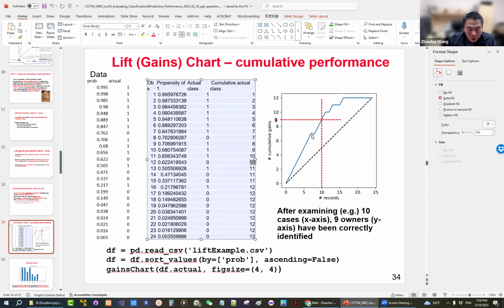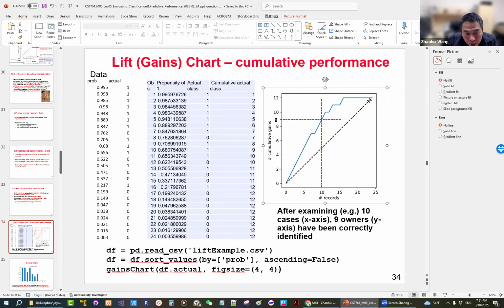The horizontal direction will be the same, then it starts to increase. And we can have this curve, blue color. Okay, this curve is not correct.